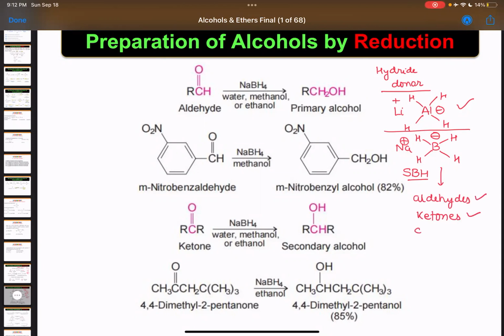But carboxylic acids, esters, amides, carbon-carbon double bonds and carbon-carbon triple bonds will not be reduced by NaBH4.